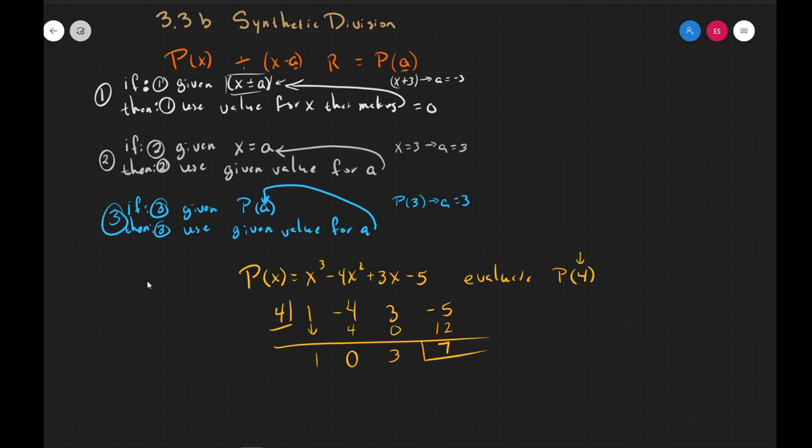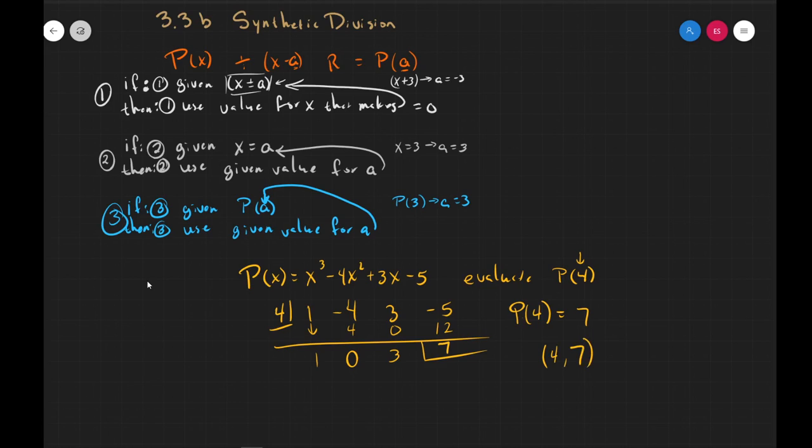So if we evaluate our function p at x equals 4, that's going to be 7. Or we would have the point 4, 7 from this particular problem.